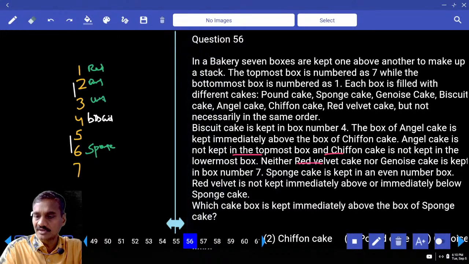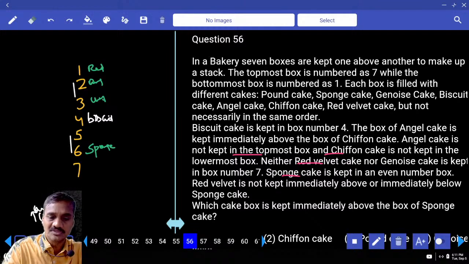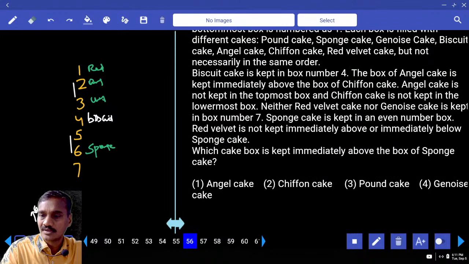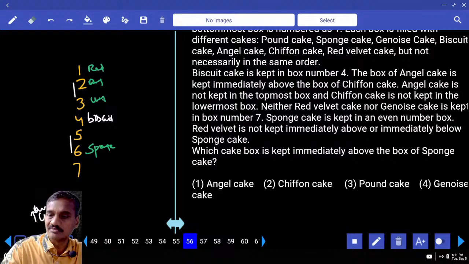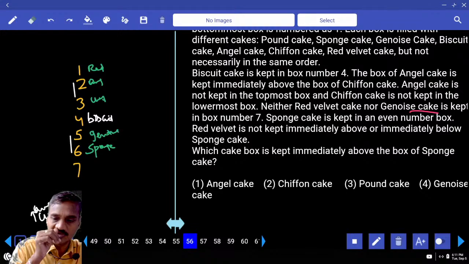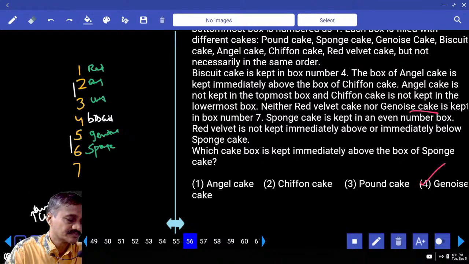Sponge is even, and red velvet is not kept immediately above or below sponge. Then which is kept immediately above this sponge? What is the other thing left over here? Genoise. Genoise cannot be in 7, and this must be Genoise. Is that right? Then only one thing is left over, which is kept immediately above this sponge, that is choice 456. Done?